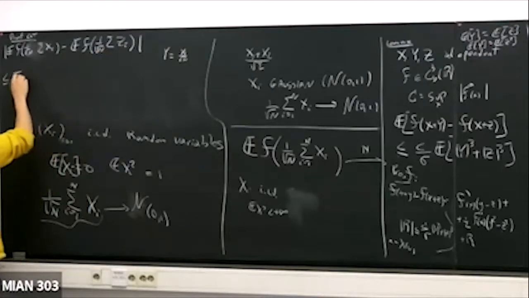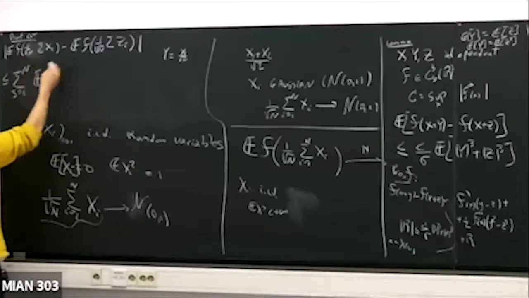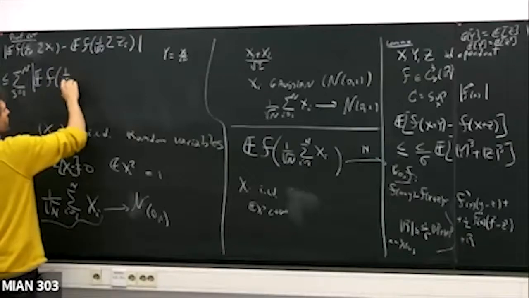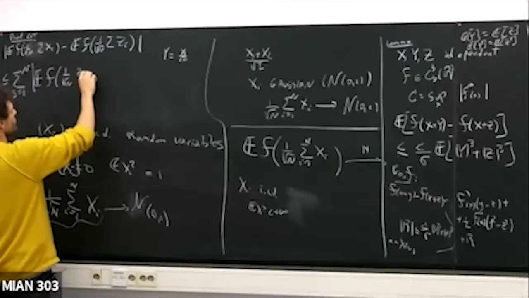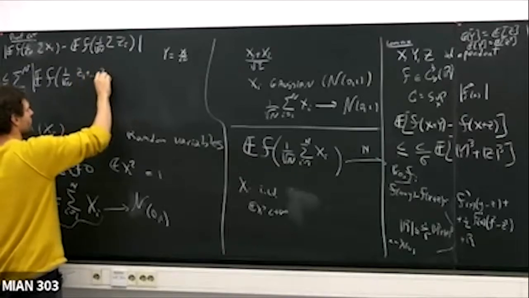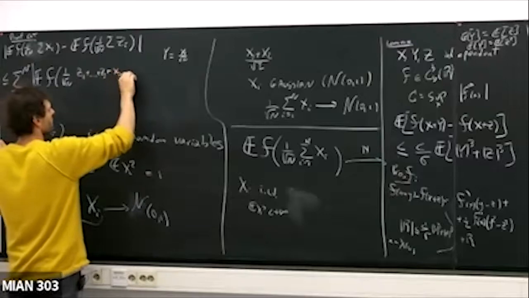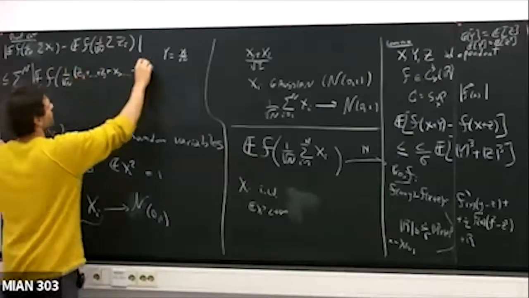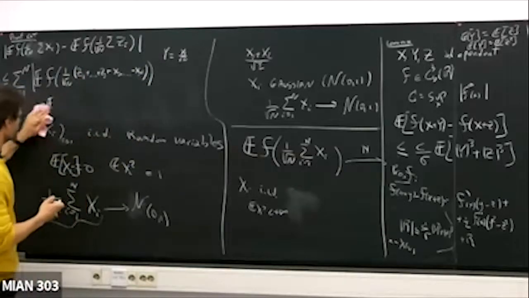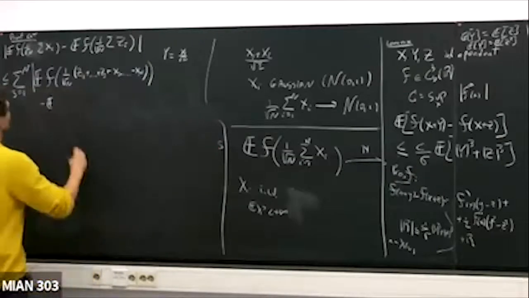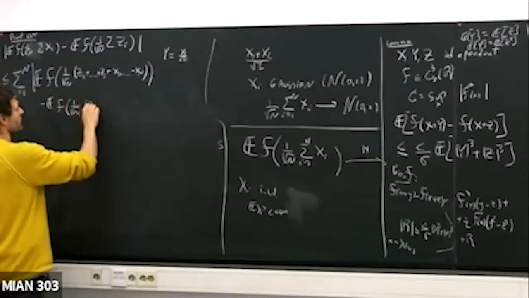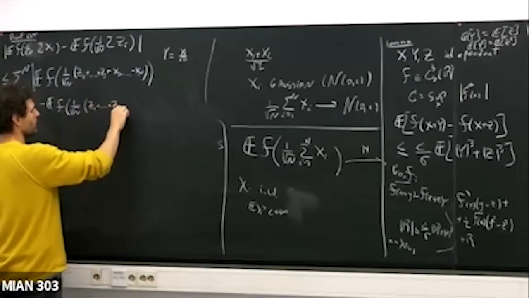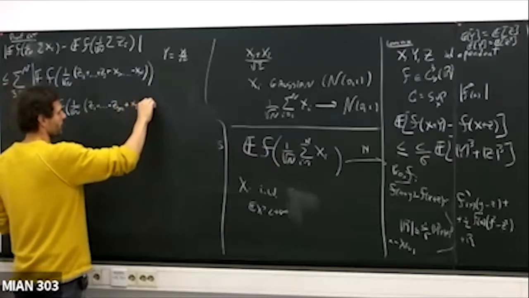Okay. Then this will be smaller than the sum over j from 1 to n of the expected value of f of 1 over square root of n times z1 up to zj, plus x j plus 1 up to xn, minus the expected value of f of 1 over square root of n times z1 up to zj plus 1, plus x j plus 2 up to xn.